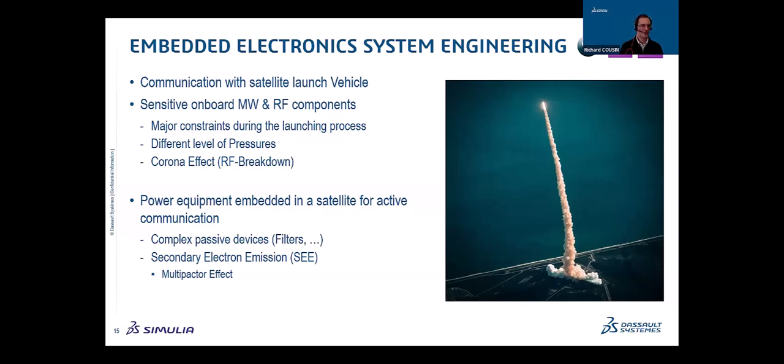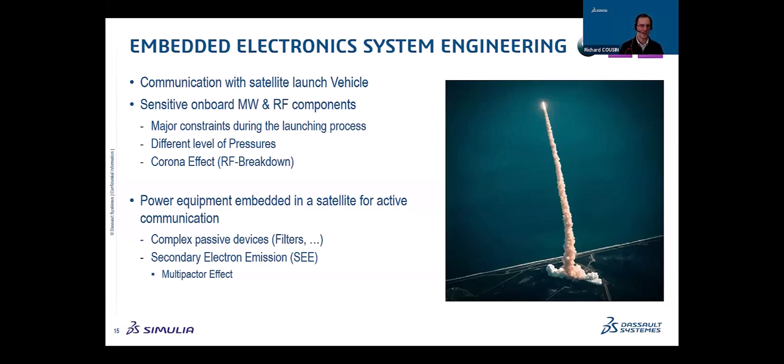So you have two different sorts of RF breakdown, which might occur in these conditions. The first one, depending on the different pressure level that you have during the launching process, is the corona effect. And as soon as the component is in space, under vacuum, you might also have the multipactor effect.